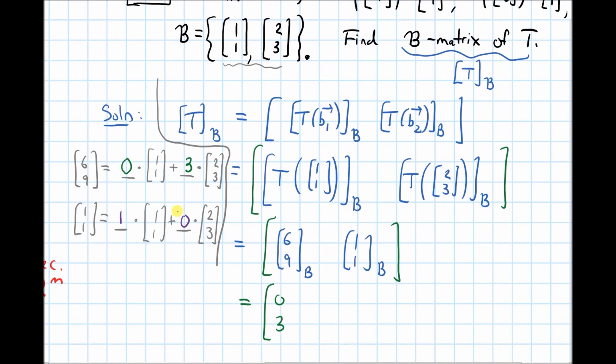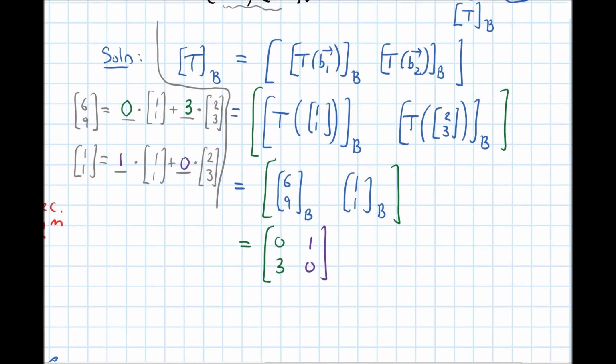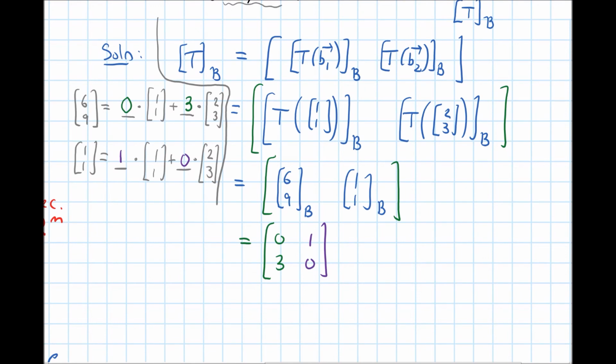So the 1 and the 0 are the entries of this coordinate vector. So I'd have a 1 first and then a 0 second, and then I close off my matrix. And that's T of B right there. So that is what we were after. Okay, so that is our B matrix right there. In fact, let me say that this is T of B. That is what we were after.